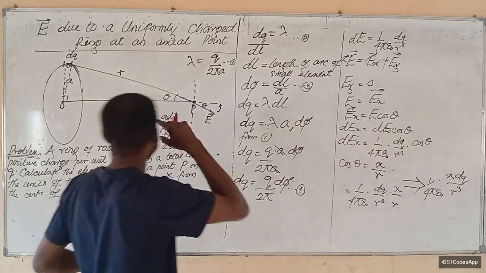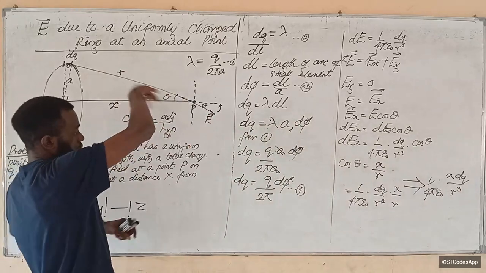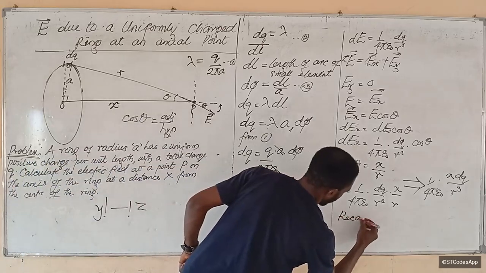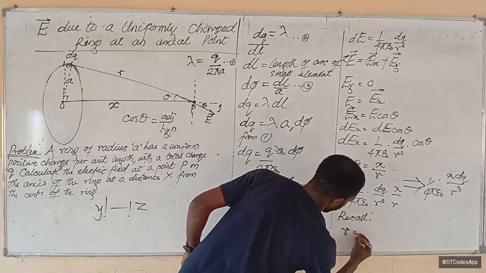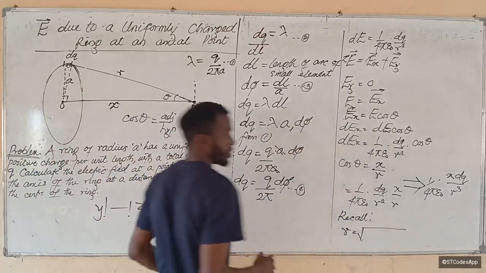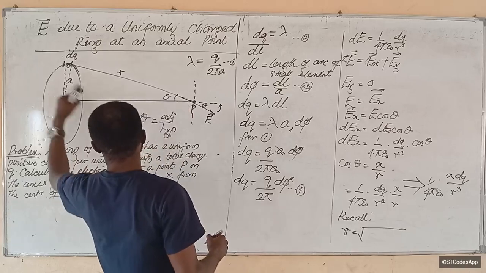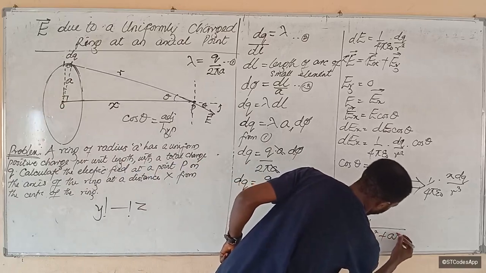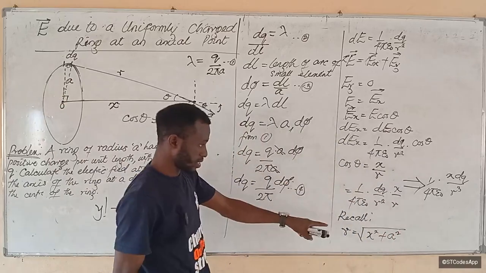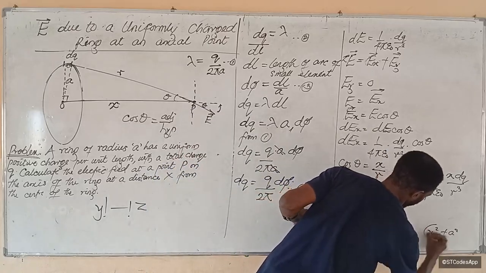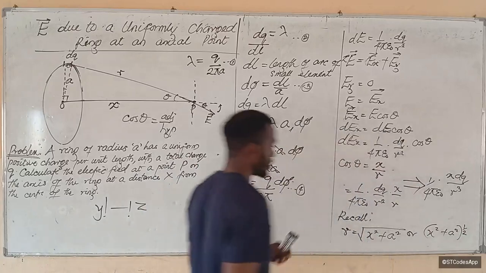And remember that the value of r here, also using Pythagoras theorem, is going to be the square root, that is r squared equal to this squared plus this squared, right? So that will be x squared plus a squared. So this is our r, or simply say x squared plus a squared all to power half, right?